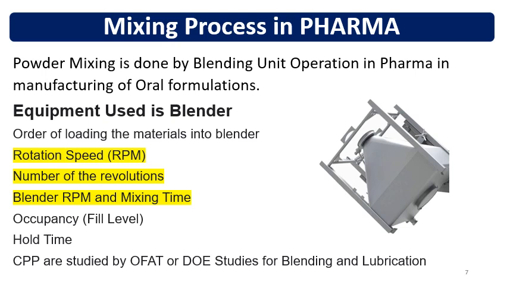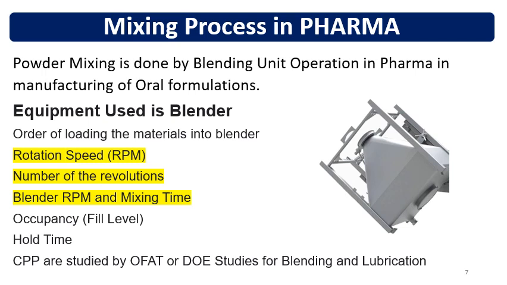So based on the rotation speed, the RPM per minute is calculated, and from that RPM the number of revolutions are calculated. Then blender RPM and mixing time. So if you rotate the blender at 10 RPM and you blend the material for 3 minutes, it will become 30 revolutions. Either you denote 30 revolutions or you denote RPM and the mixing time. These are the same thing.